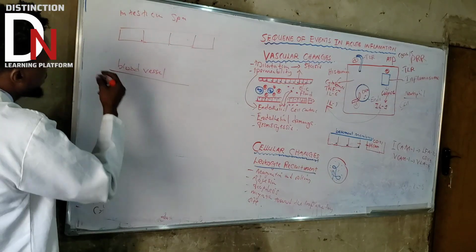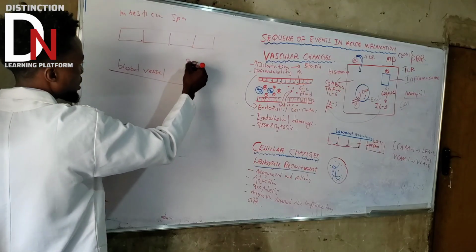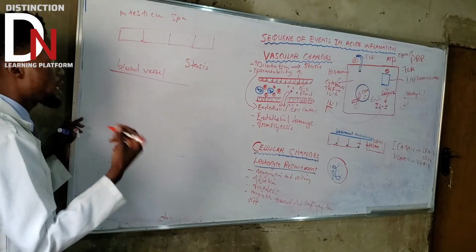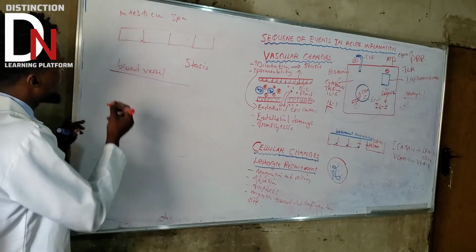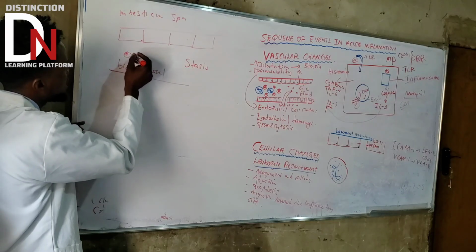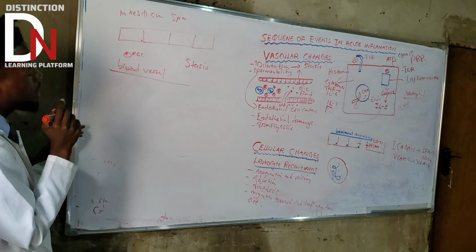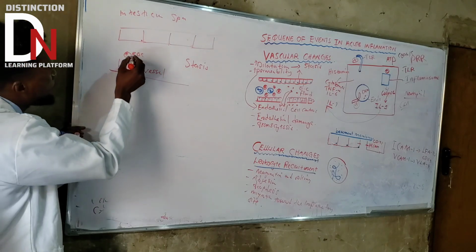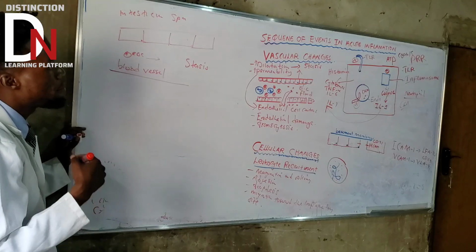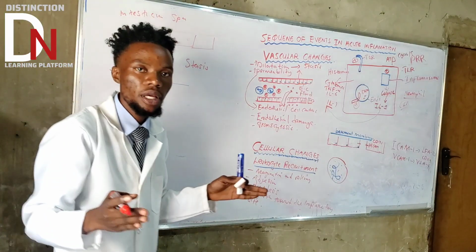Remember that initially there was stasis due to the dilatation. That is the first thing that happened. If there is stasis, smaller cells like red blood cells will move toward the center, but larger cells like white blood cells will go to the periphery.